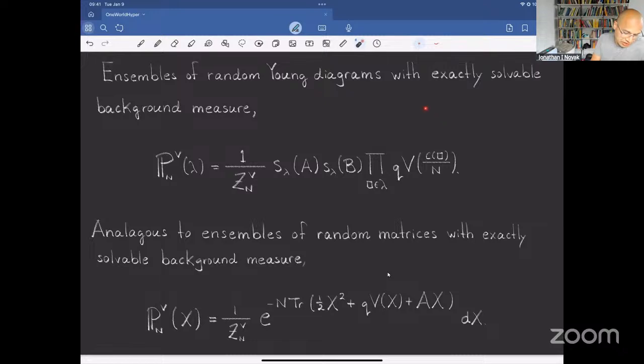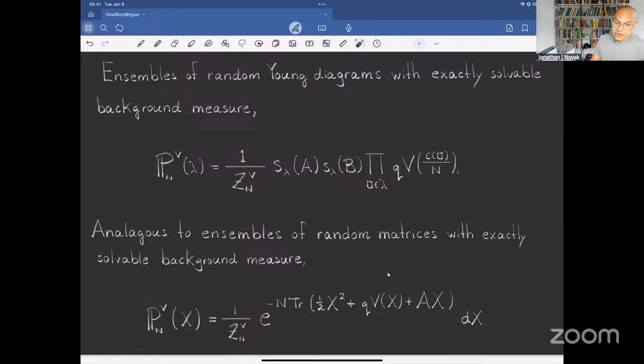So what we're dealing with here is ensembles of random Young diagrams against an exactly solvable background measure, an integrable background measure, which is exactly the Schur measure, right? So this piece here is Schur measure, and then I'm just putting in a potential.